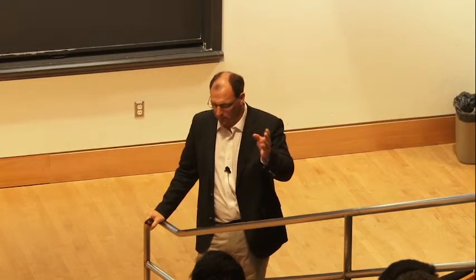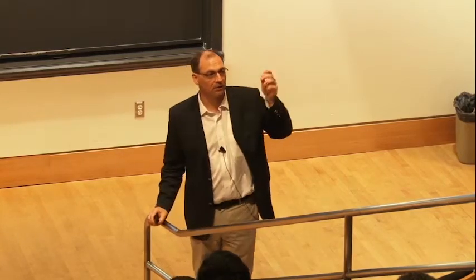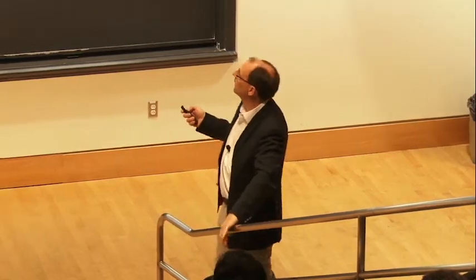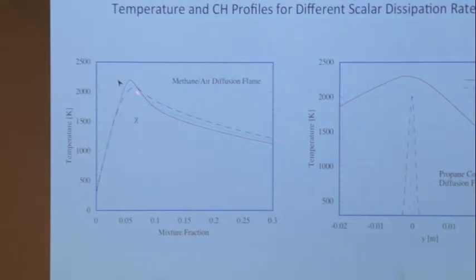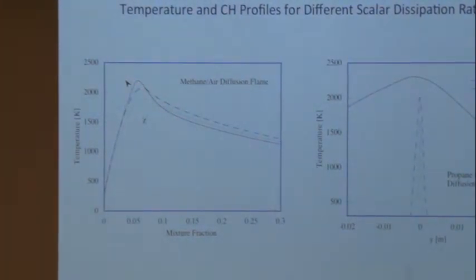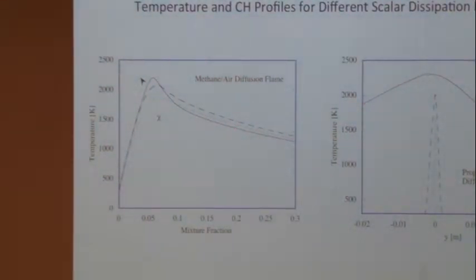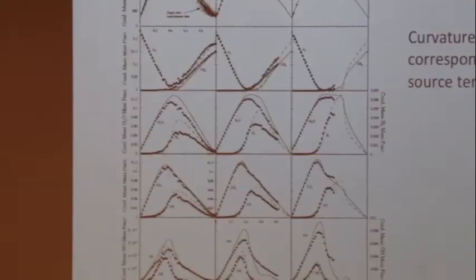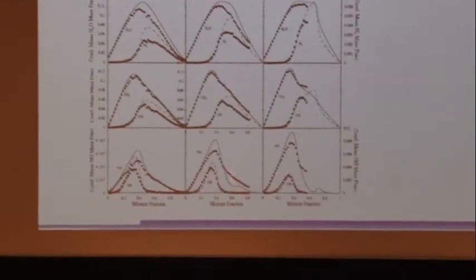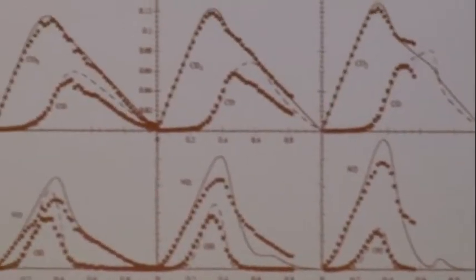You have the energy transport by species diffusion, sometimes called the enthalpy flux term. But then also there's one additional term which we neglected here in our analysis, which is because of the changes of CP. CP changes as function of temperature, and that really causes the curvature in this temperature profile. So that's what I said earlier. For temperature, one has to be a little more careful, but for species, there's no other term in the species equations. Because of that, for species, you can really say all the curvature just comes from the chemical source term.